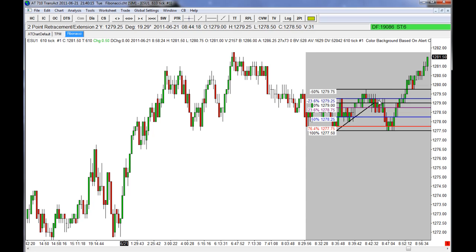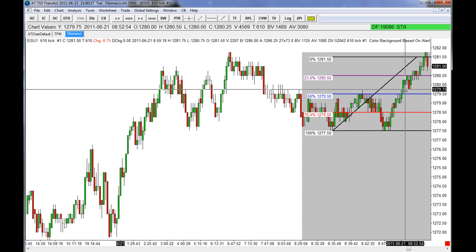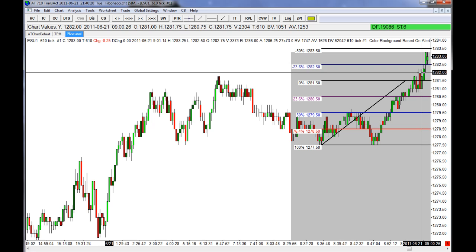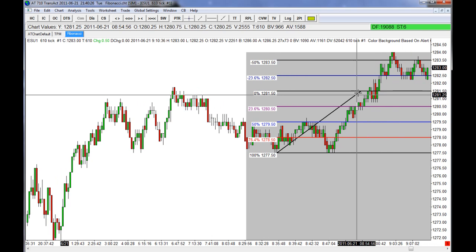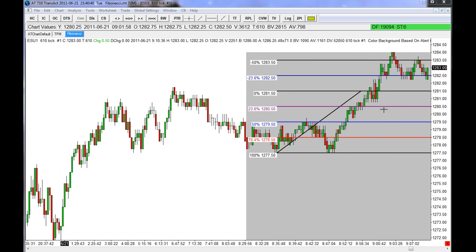So then I drew my new fib over here. Price went above the 0% line, then retraced. I wasn't looking to draw an extended price fib at this point because the distance was just 4 points.